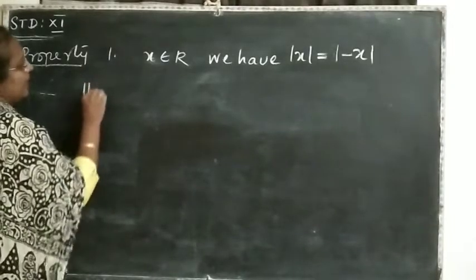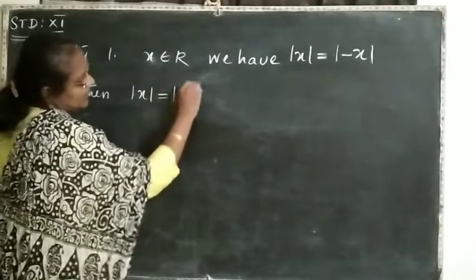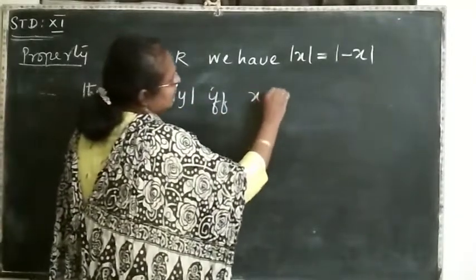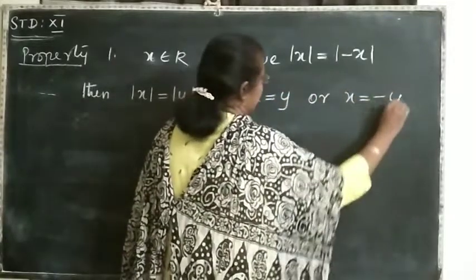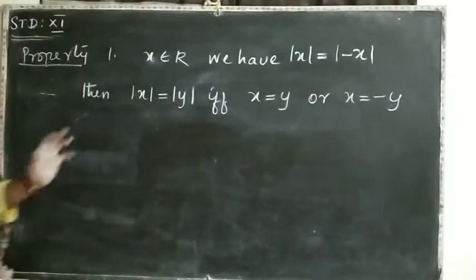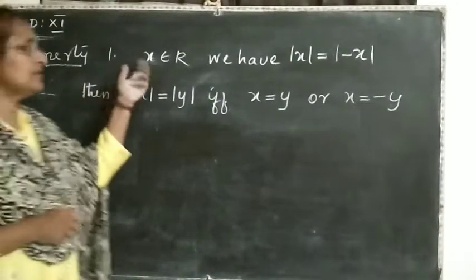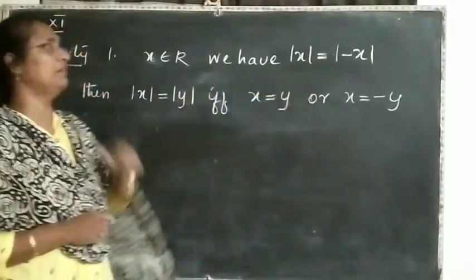Now then we can say modulus of x is equal to modulus of y if and only if x is equal to y or x is equal to minus y. Very simple, but we have to understand in the simple way. Now look into this. For all the values of x belongs to r, we have modulus of x is equal to modulus of minus x.